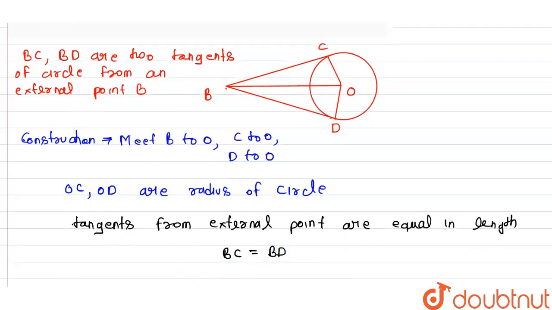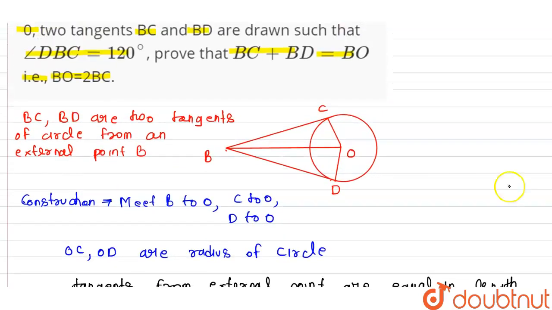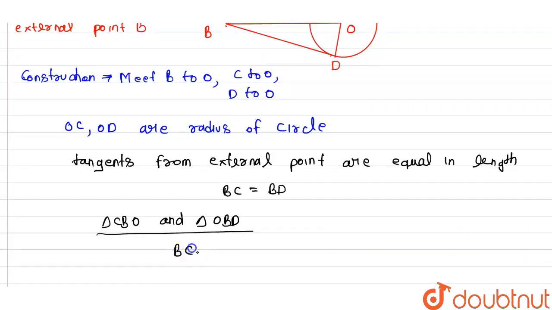Now if we talk about triangle CBO and triangle OBD, you can see in both triangles that BC equals BD, because they are tangents from an external point.